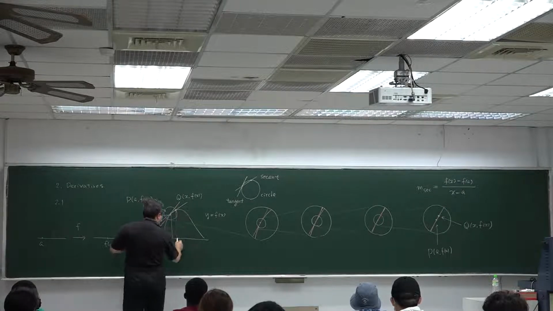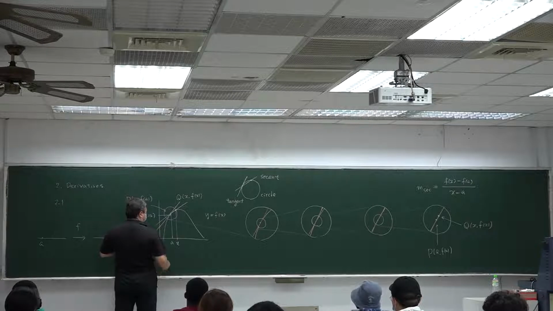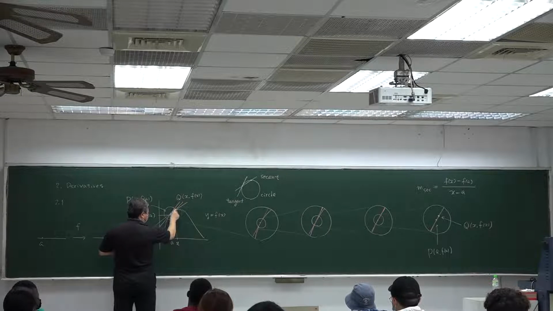If we choose some points nearby a, for example here, and here, then the secant will change from this one to this one, then this one. This secant rotates. Finally, the limit position will be this tangent.